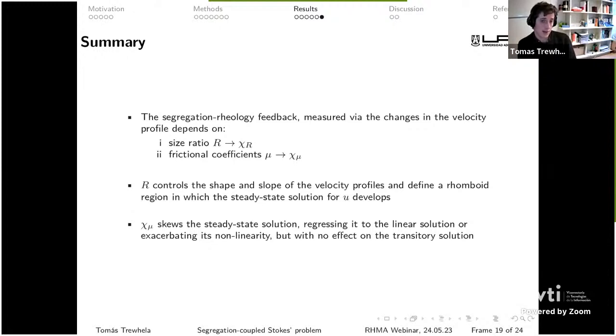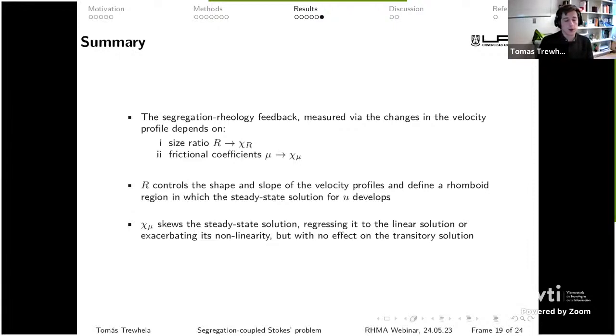And the main message here is that R, of course, controls the shape and slope of the velocity profile, and defines this rhomboid region, so it's where the final state will stay. It will not go beyond or regress before the transitory stage. So basically, it's bounded to this area.